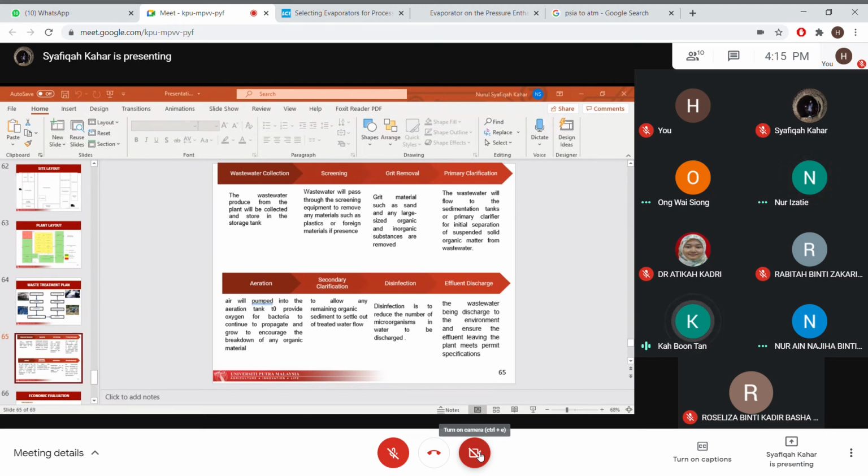There's only one row. Oh, okay. So it's not individual, it's like overall. Okay. Thank you, Mr. Tan. No problem. Welcome.